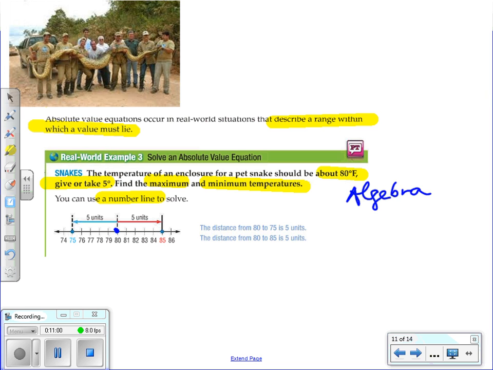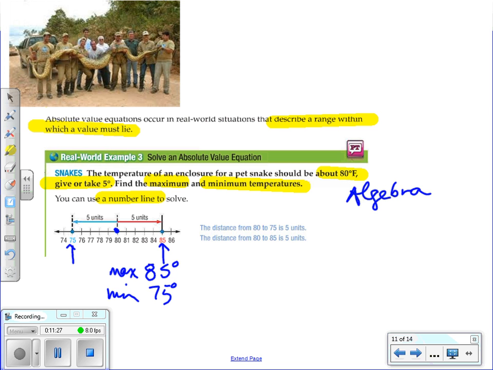It could be 5 degrees more, which would put us at 85 degrees, or it could be 5 degrees less, which would put us at 75 degrees. So the maximum would be 85 degrees, and the minimum would be 75 degrees that the temperature could be, and let the snake still live.